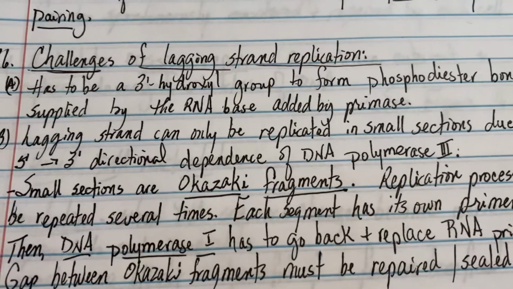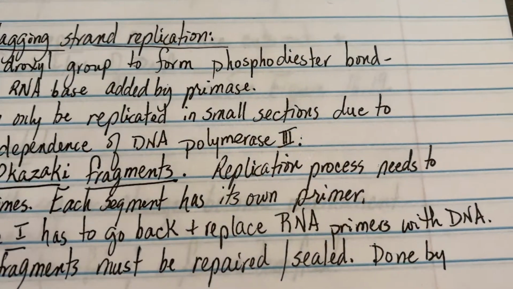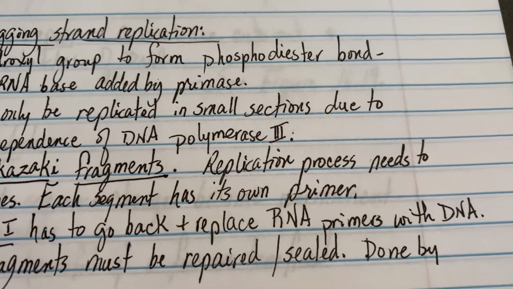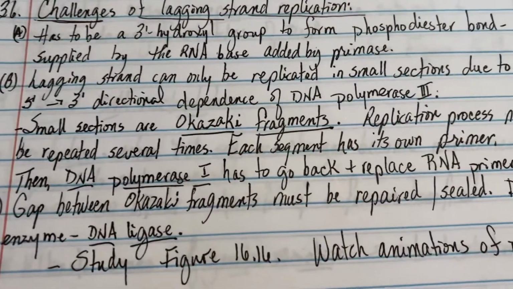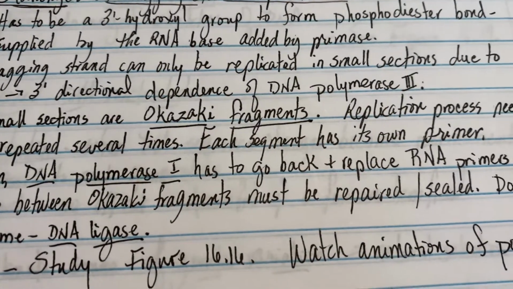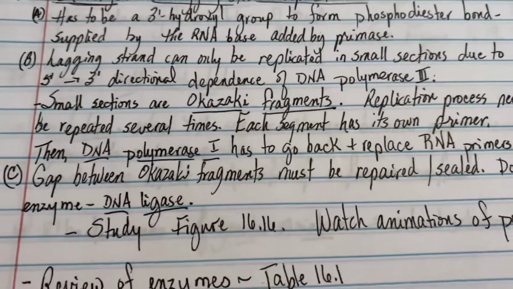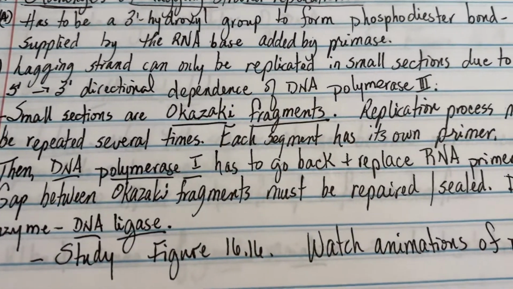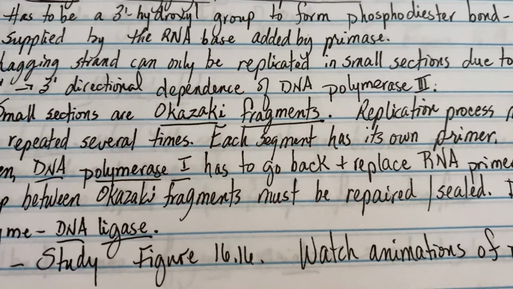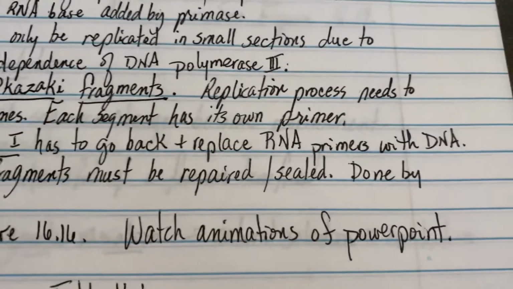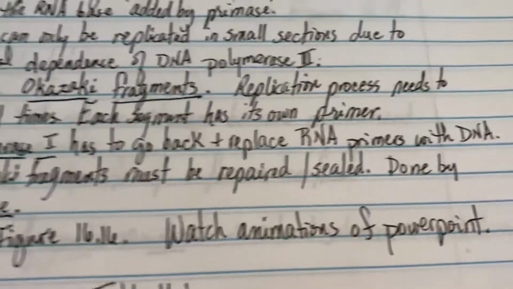Then DNA polymerase I has to go back and replace all the RNA primers with DNA. Then the gap between Okazaki fragments must be repaired and sealed, and this is done by an enzyme known as DNA ligase. I really want you to study figure 16.16 and watch the animations that are on the PowerPoint, okay?